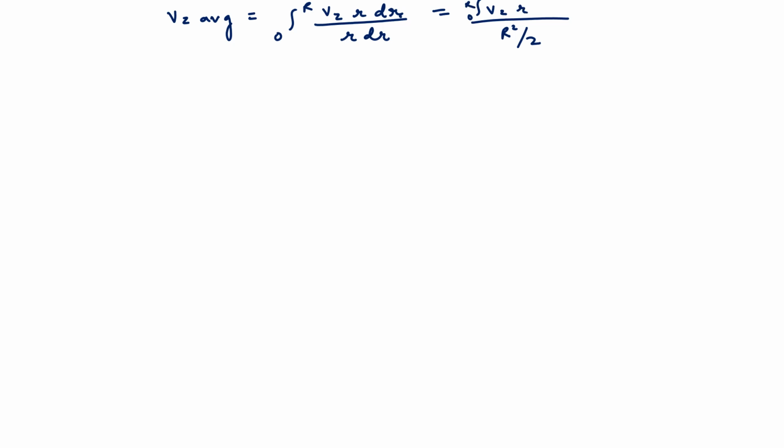So the previous equation was Vz average is equal to the integral from 0 to R of Vz r dr upon the integral of r dr, which becomes R square upon 2.